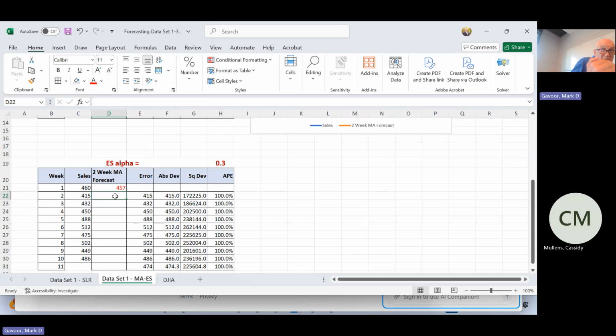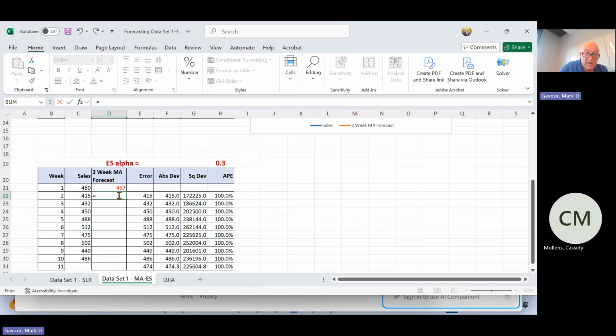If you recall what I said Monday, that was general. No way you're going to recall this formula off the top of your head, right? It's alpha times the previous sales. So it's going to be alpha 0.3 times 460 plus 1 minus alpha, 0.7, times this 457. But I don't want to use 0.3 and 0.7. I want to use the actual formula.